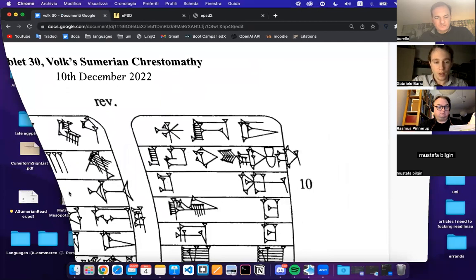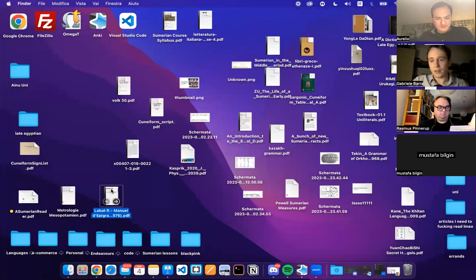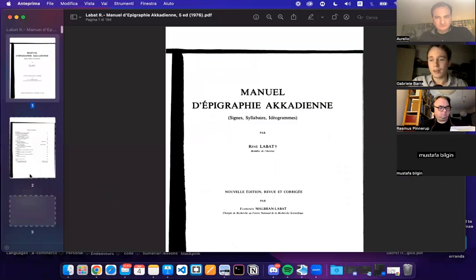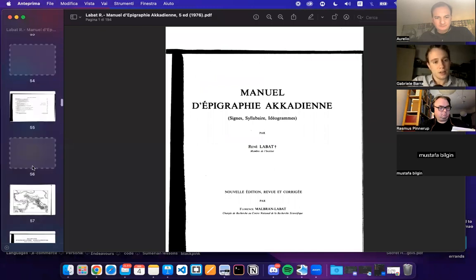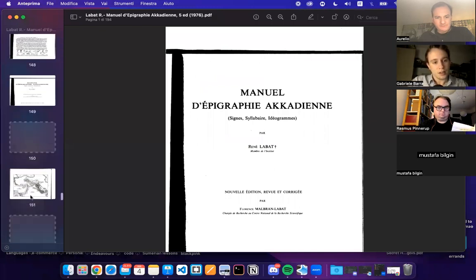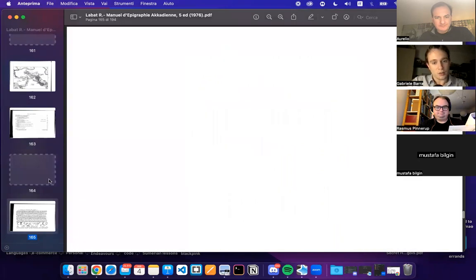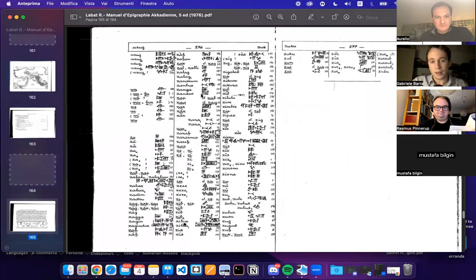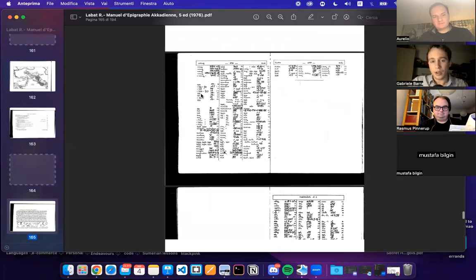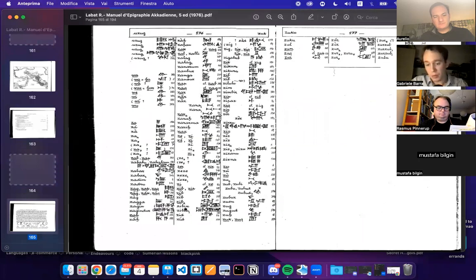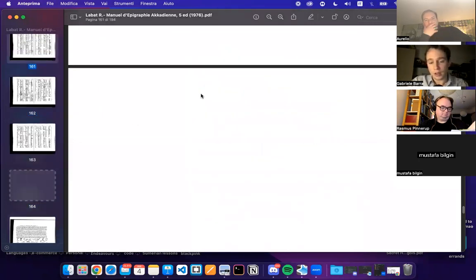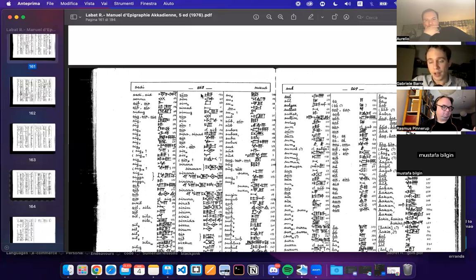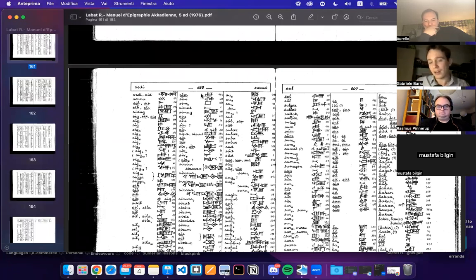I have Labat at hand, so let's take a look at Labat. If you look up the sign for bariga in Labat, you will come across nothing, because bariga does not have a sign of itself. It's spelled phonetically, ba-ri-ga.